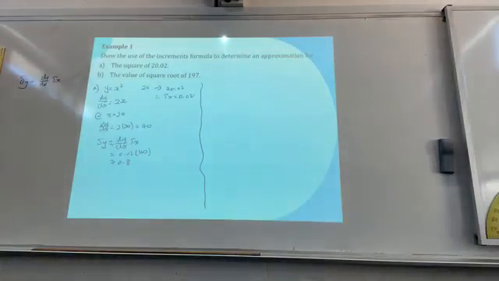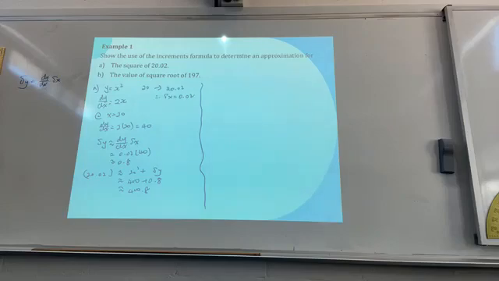We can just plug that into the formula. Delta y is dy/dx times delta x, which is approximately 0.8. So therefore, the square of 20.02 would be 20 squared plus delta y, which is 400 plus 0.8, which is 400.8. Now use your calculator and check.